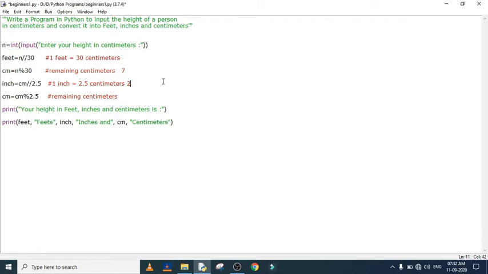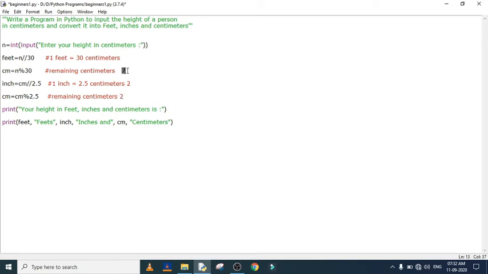Now the next statement is cm equals cm mod 2.5. The value of cm is 7. When we use the modulus operator here, it will give you the remainder value. The remainder value will also be 2, because out of 7, 5 is considered as inches, and the rest, 2 centimeters, are left here.